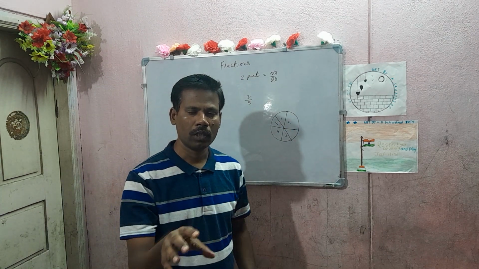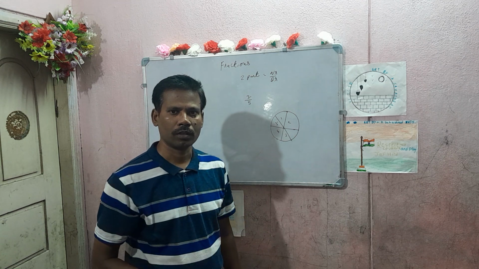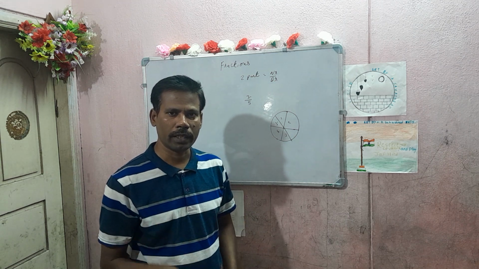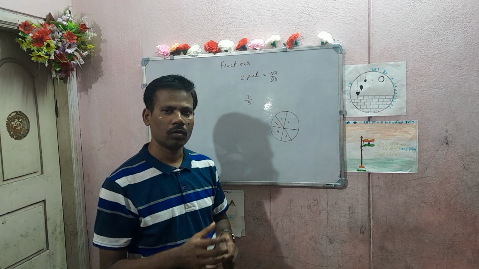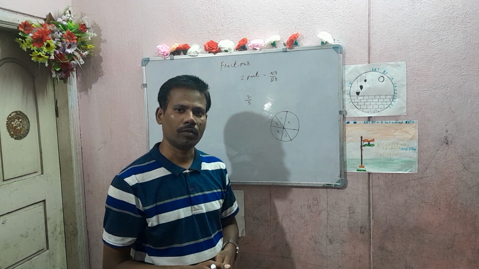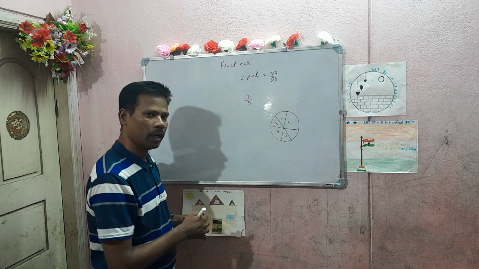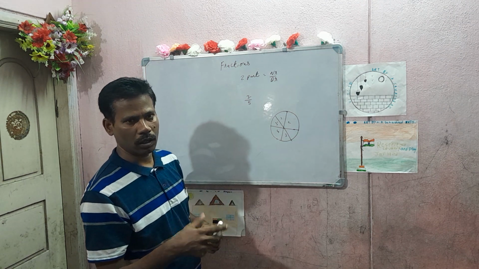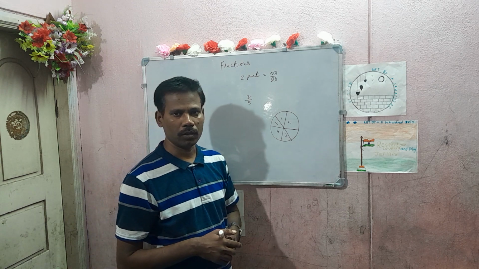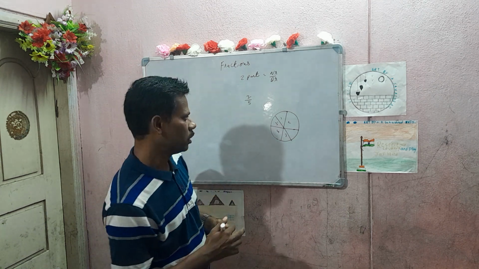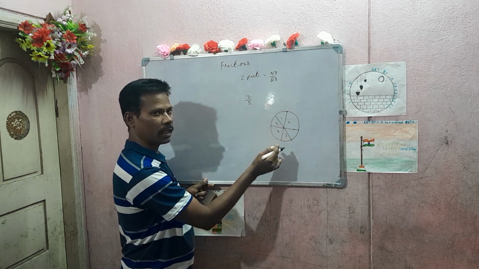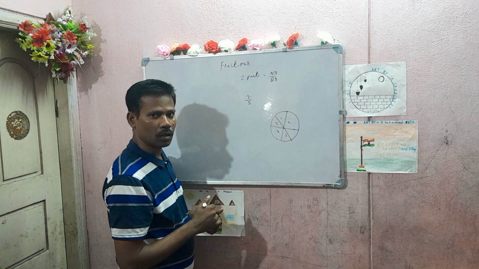You will divide that cake into different parts. You won't eat it at a time. So you will distribute to some of your friends, and whatever is leftover will be eaten by you. Generally it will happen. So fraction means out of a whole.